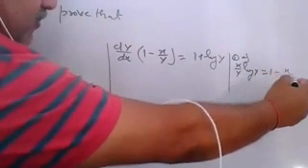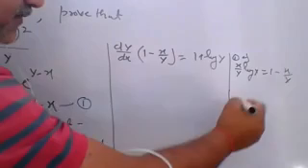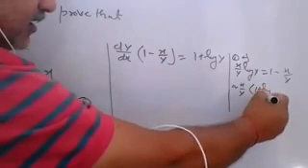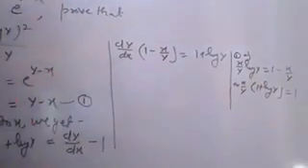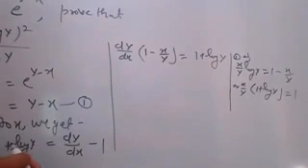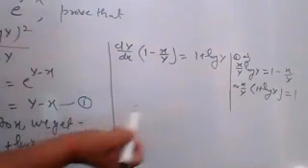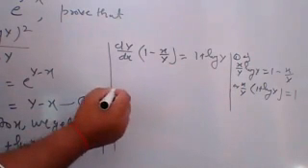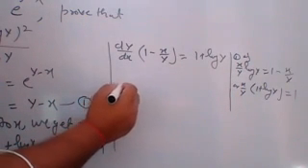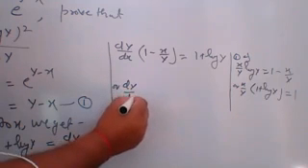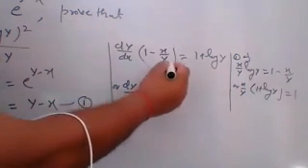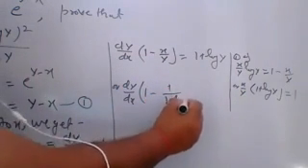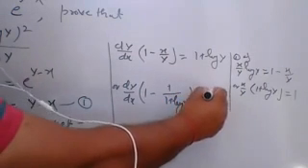Taking x upon y common, you have 1 plus log y is equal to 1. So the value of x upon y is equal to 1 upon 1 plus log y. Using this, dy by dx into (1 minus 1 upon 1 plus log y) is equal to 1 plus log y.